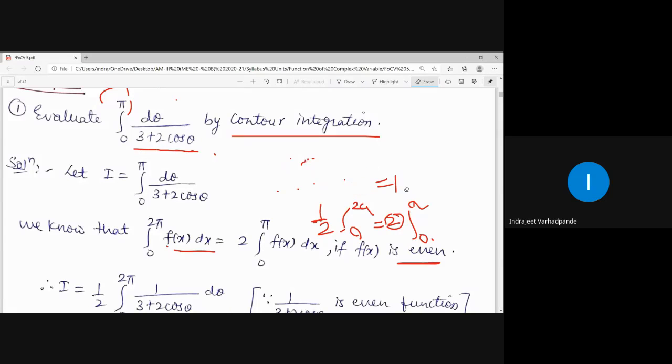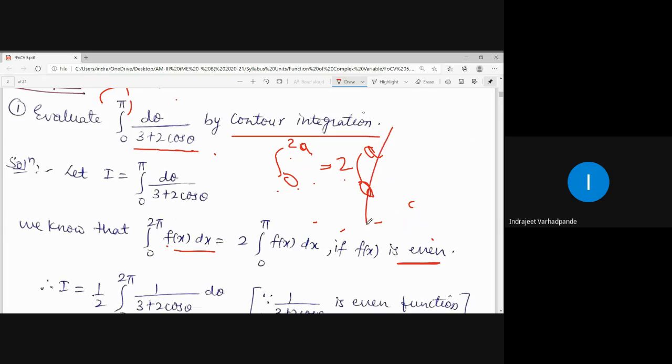The property says that integral 0 to 2a is equal to 2 times 0 to a if the integrand is an even function. So 0 to a will be half times 0 to 2a.